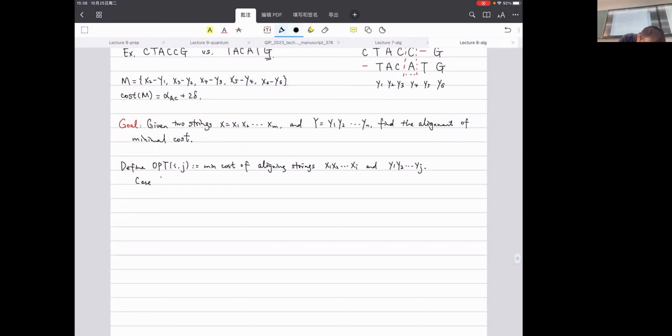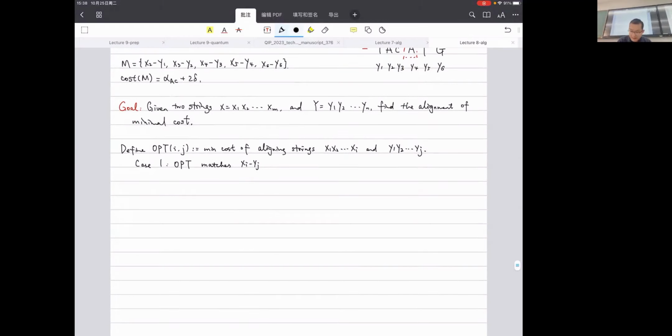So case 1 is, for instance, OPT matches xi, yj. This is really a convenient case for us, because if OPT matches xi yj here, we can conclude that we are going to pay the mismatch for xi yj.